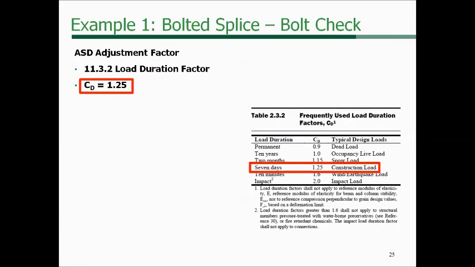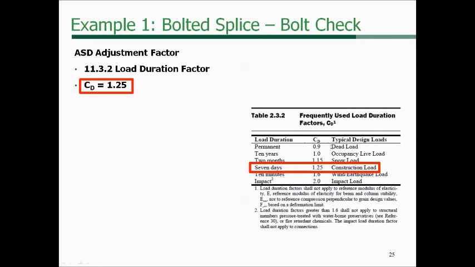In 11.3.2, that chapter refers back to table 2.3.2, and that's where a lot of the frequently used adjustment factors are located in the NDS. We said we have a construction live load that controls, so we're going to use a 7-day load duration factor, which is 1.25.